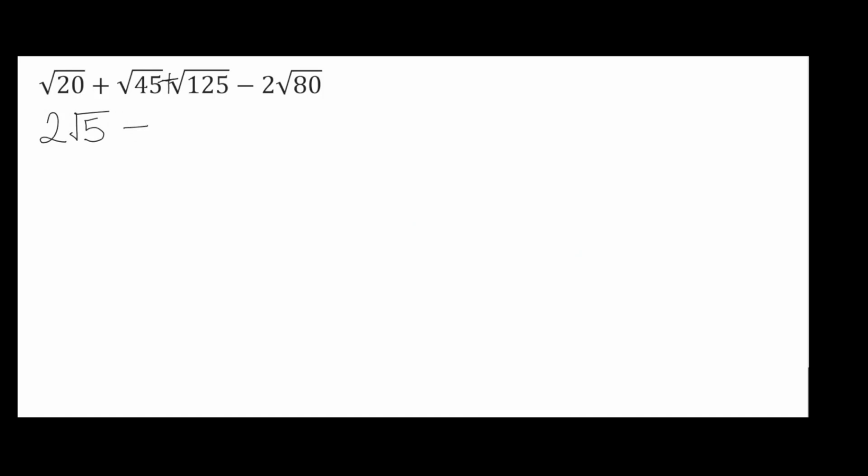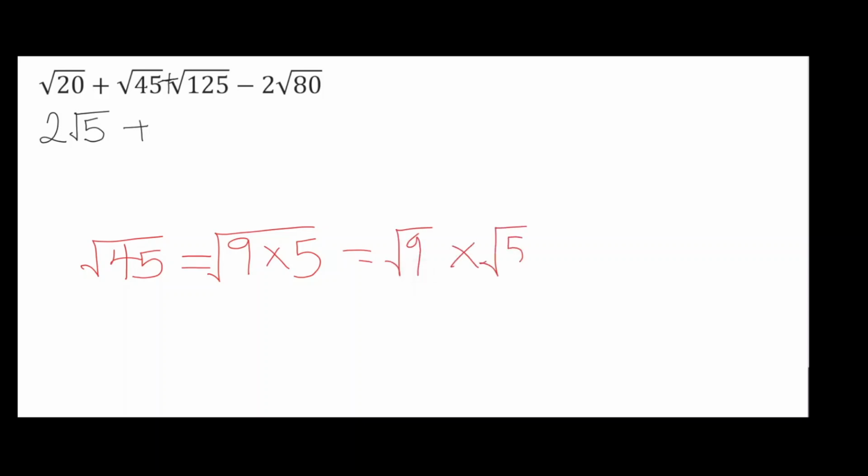Then we have plus. So then we do root 45. Root 45 can be written as the square root of 9 times 5. Remember, I told you one of the factors must be a perfect square, and in this case, 9 is a perfect square. So it can be written as the square root of 9 multiplied by root 5.